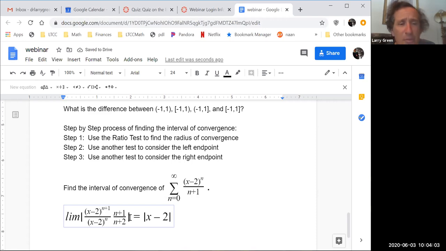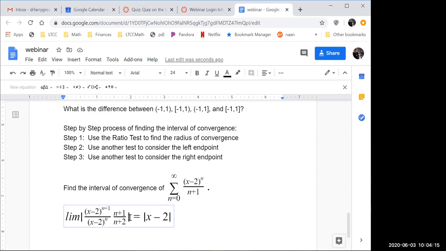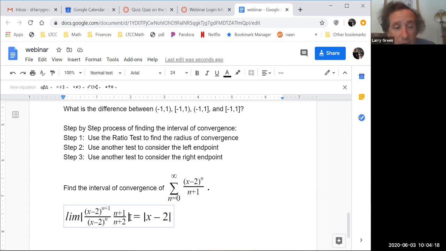Okay, what about n plus 1 over n plus 2? We're taking a limit as n goes to infinity. That you should all be able to do from first quarter calculus. Very basic. It's 1. So now the ratio test says this needs to be less than 1. Any questions on that?